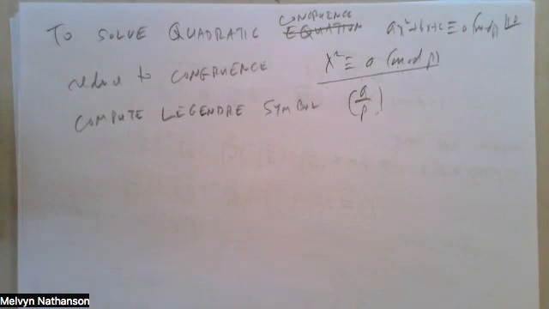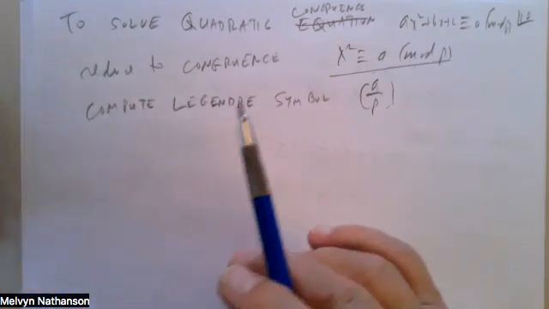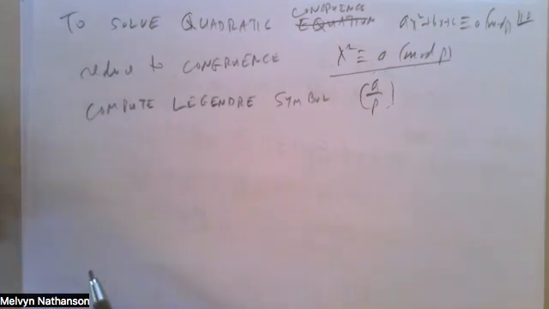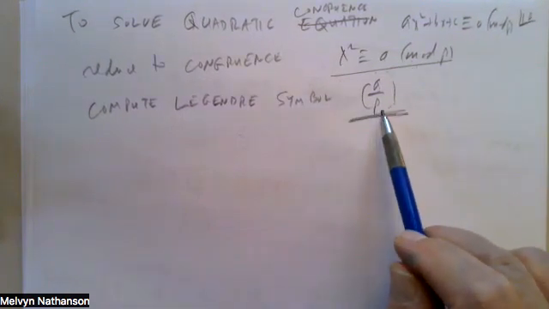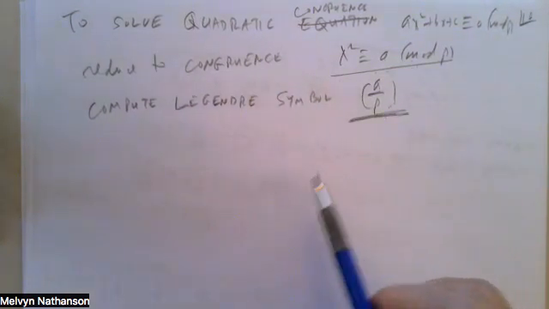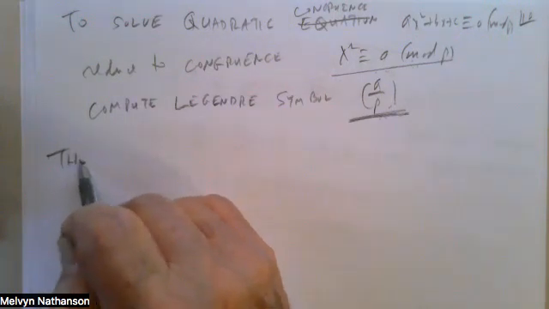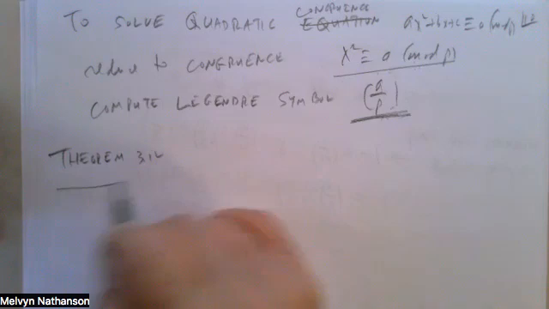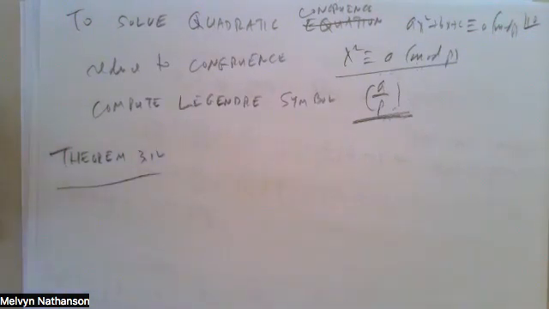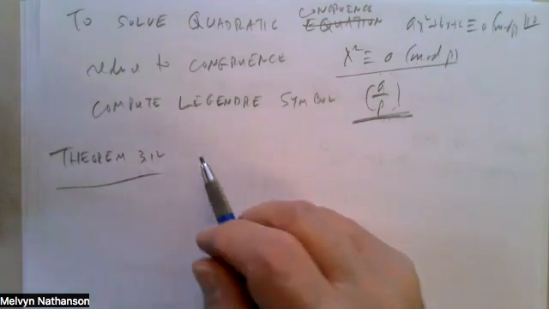And so we want to be able to calculate the Legendre symbol. So the first theorem in this regard, and I still have to copy the notes for this section and put it on Blackboard, is the following.